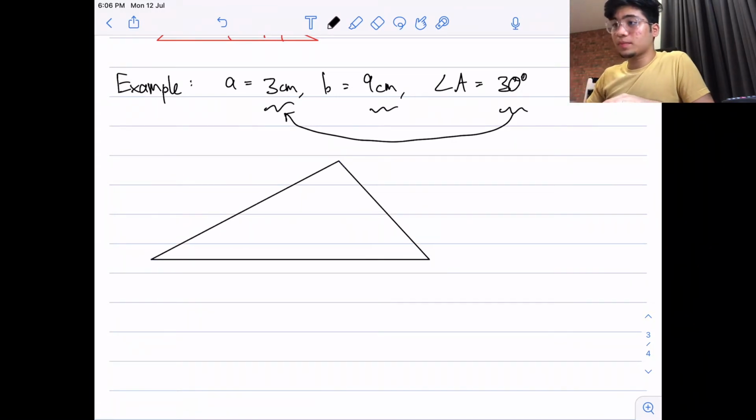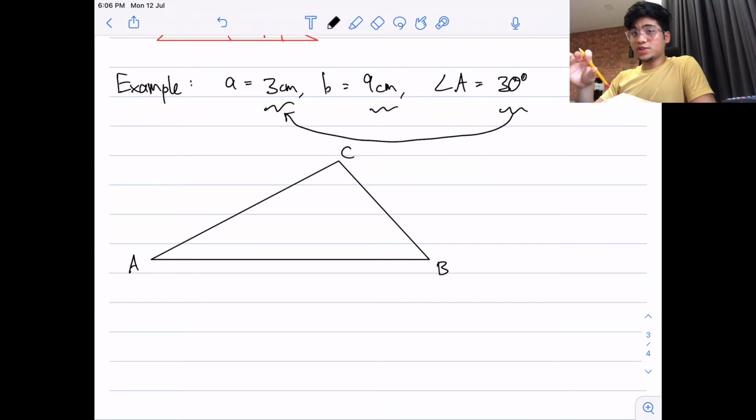Let's say I label over here as A, over here as B, and over here as C. What you want to make sure is that small a, being the 3 centimeters, is on the shorter side, which is CB over here. So this is a equals 3 centimeters, and we know that 30 degrees will be over here.